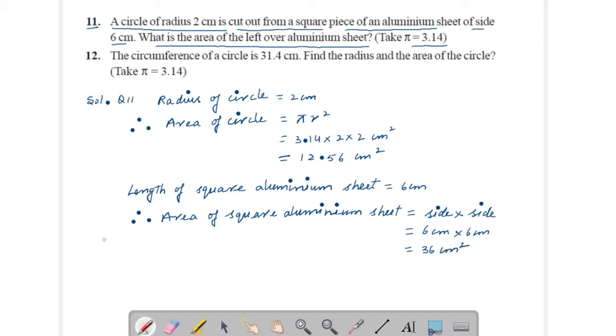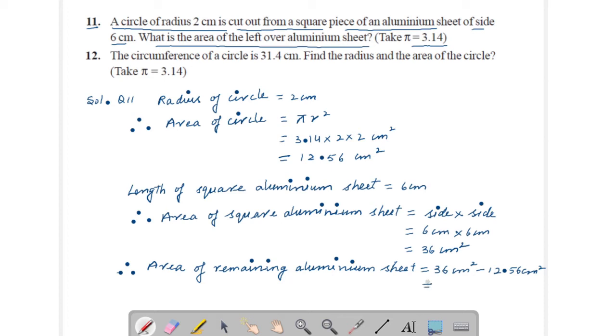Therefore, area of remaining aluminium sheet equal to 36 centimeter square minus 12.56 centimeter square.